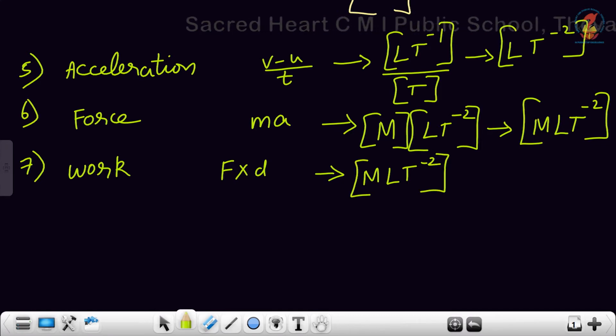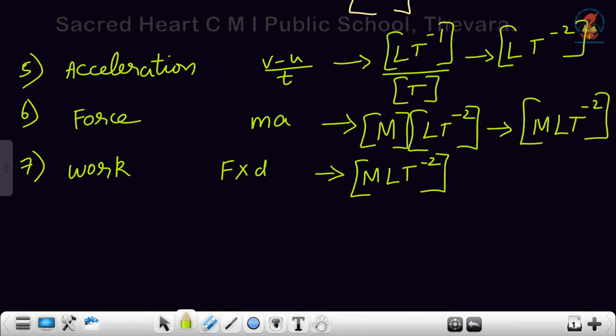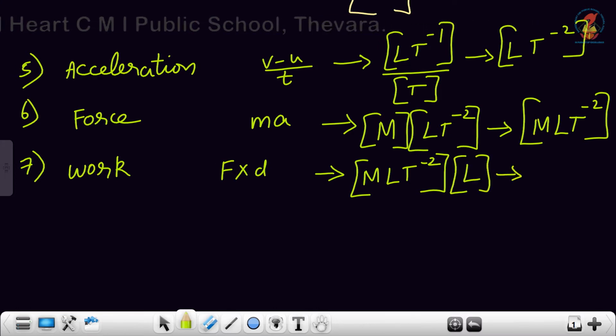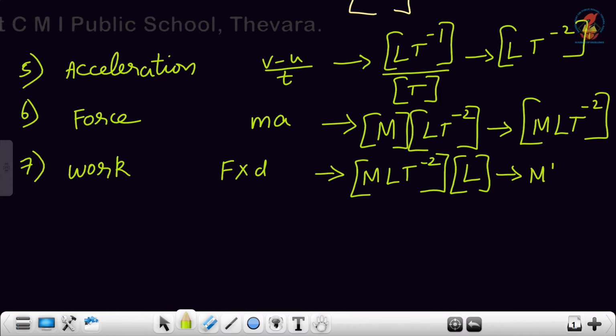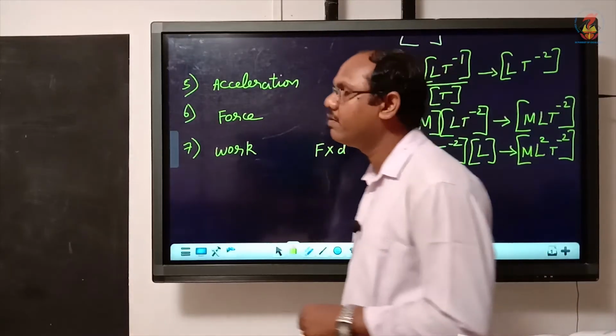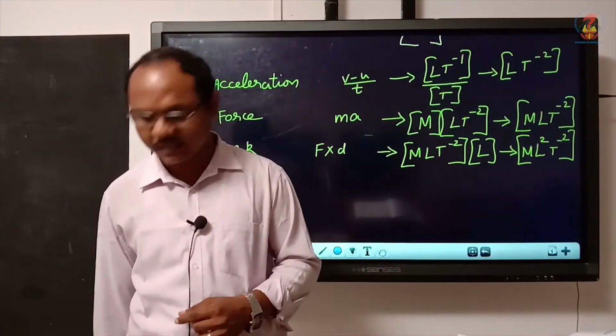And d is distance, so we can write L. Therefore, you will get M L square T minus 2. This is the dimension for work.